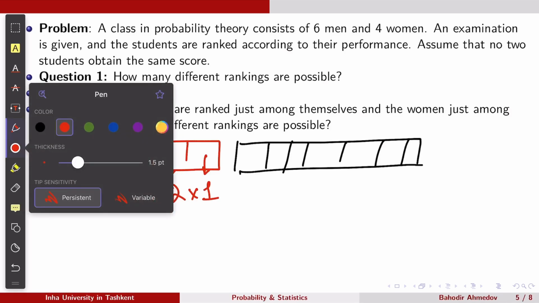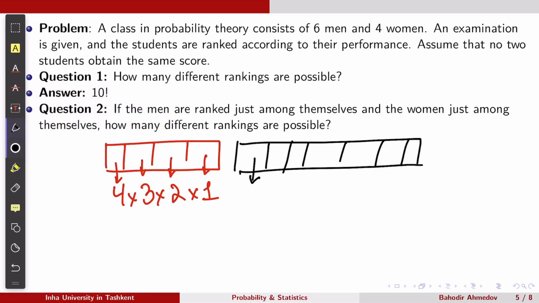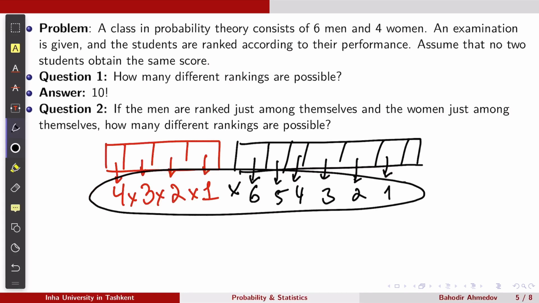And for the males, I can choose any of the 6 males here, then 5 males here, because we have already chosen one of them in the first place, then 4, 3, 2, 1. Then we have to just multiply them. Okay, so the only difficult part of this problem is probably to understand why we have to multiply them, right?